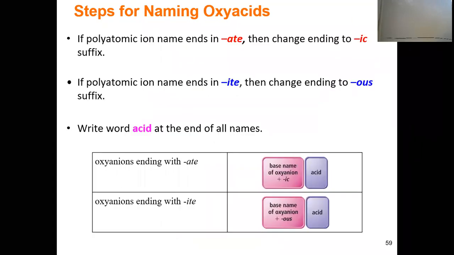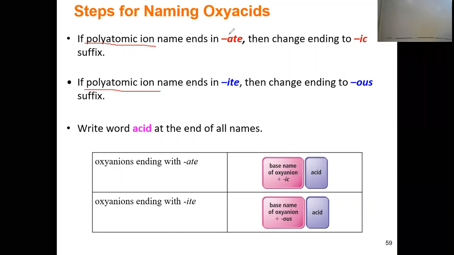If you have an oxy acid, it's a completely different process to name them. Oxy acids are named strictly from the polyatomic ion that makes them up. So you have to be able to name polyatomic ions in order to name your oxy acids. There's no way around that.